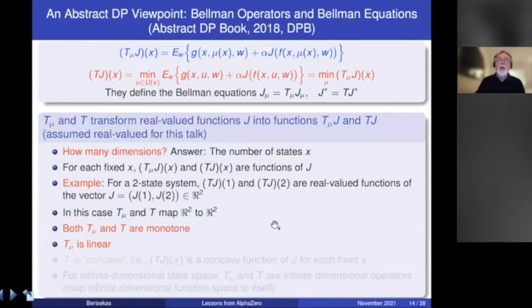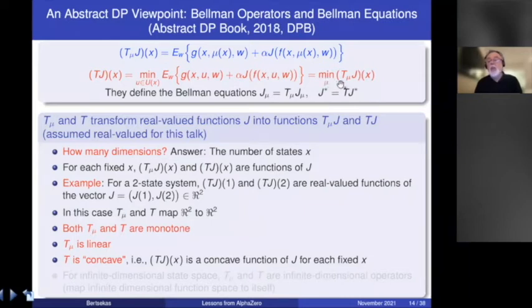Another important fact is that T_mu is linear. Okay, expectation is a linear operation, so this is a linear operator. T, on the other hand, is concave. It's concave because it can be viewed as the minimum of linear operations. If you take the minimum of linear operations, then you get something that's concave.